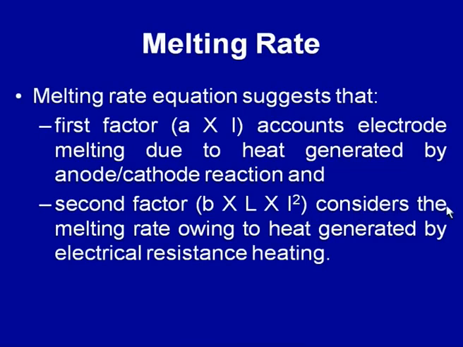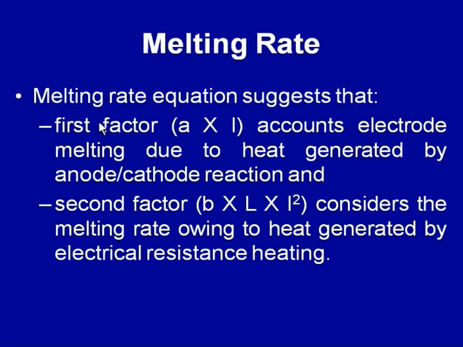And the second factor, B L I square, considers the effect of the melting due to the heat generated by the electrical resistance heating. The importance of both these factors is found to vary depending upon the electrode diameter and the electrode material.